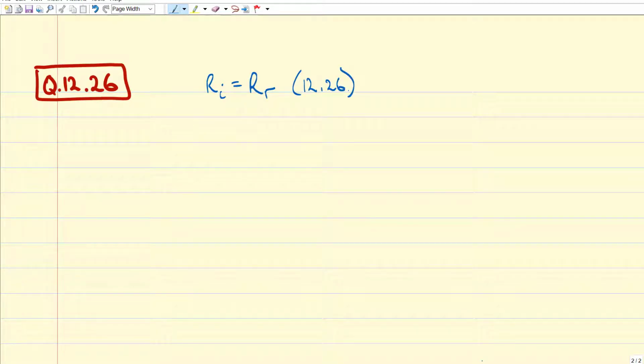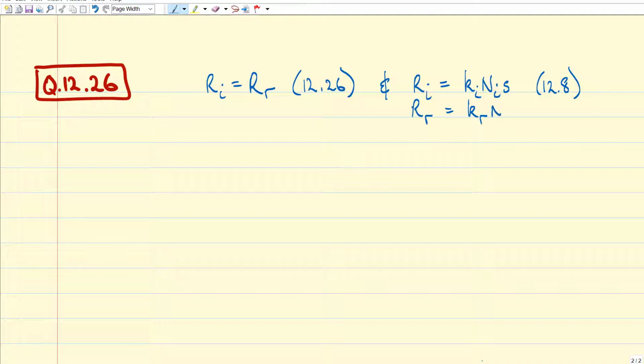And the other two equations: Ri equals Ki Ni times lowercase s, and that was equation 12.8, and Rr equals Kr times Ni, and that was equation 12.16.